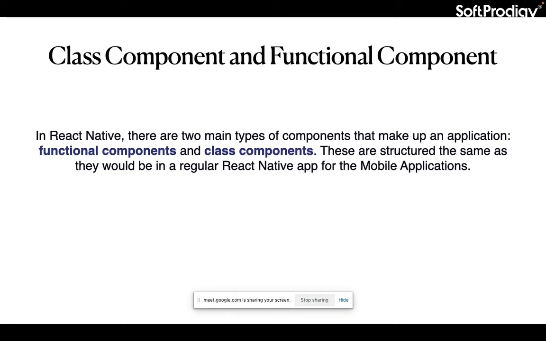A component is an independent and reusable bit of code. It is a block of code that we can use in any component by importing it into another component. For example, take a website like Amazon. It consists of a header, a middle part, and a footer.